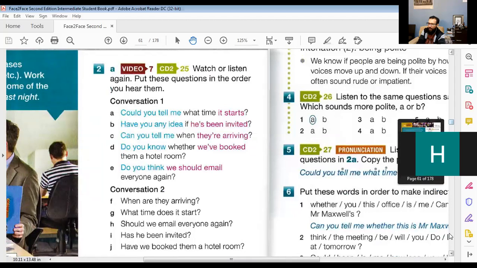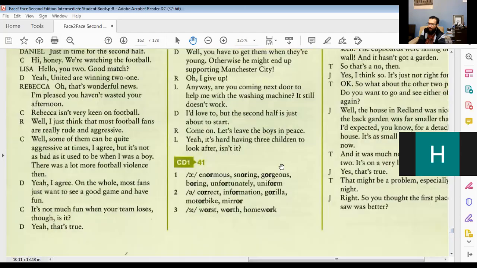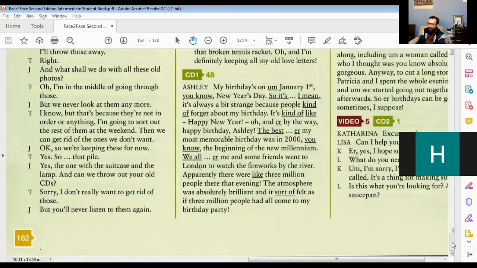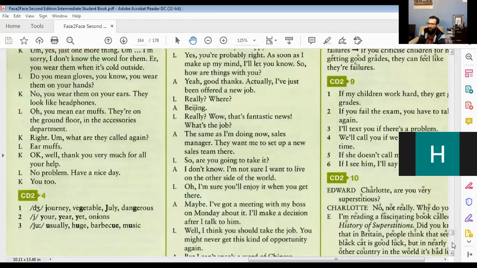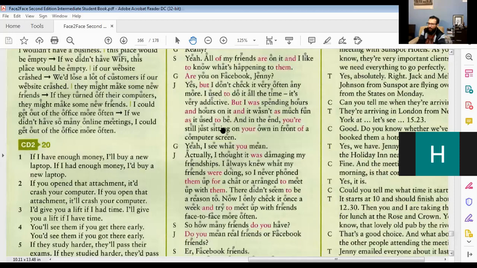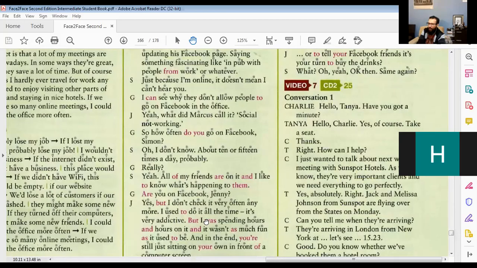So CD2, track 25. So here it is, CD2, 25. Here's the conversation.